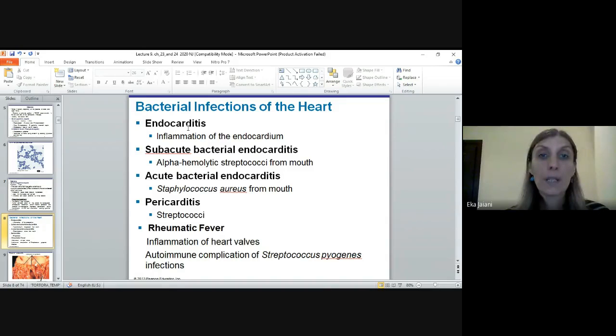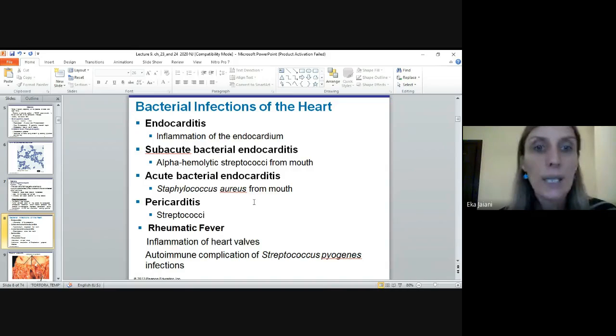Subacute bacterial endocarditis is caused by alpha hemolytic streptococci from the mouth. This is important. You should remember this. And acute bacterial endocarditis is caused by Staphylococcus aureus from the mouth.